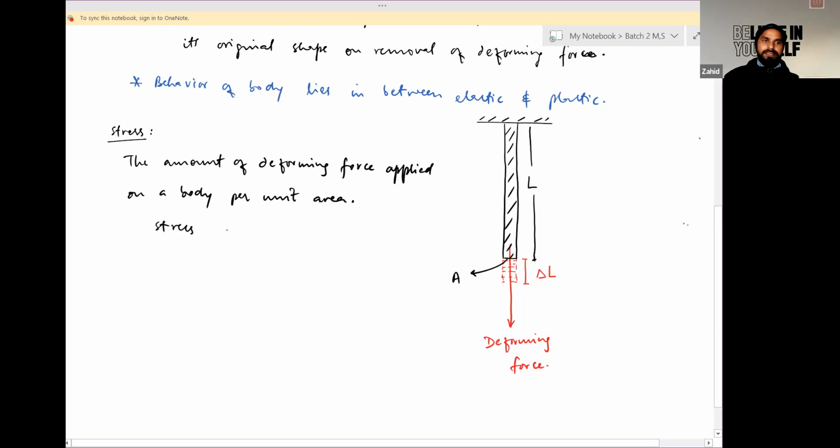So stress equals deforming force divided by area of cross section.